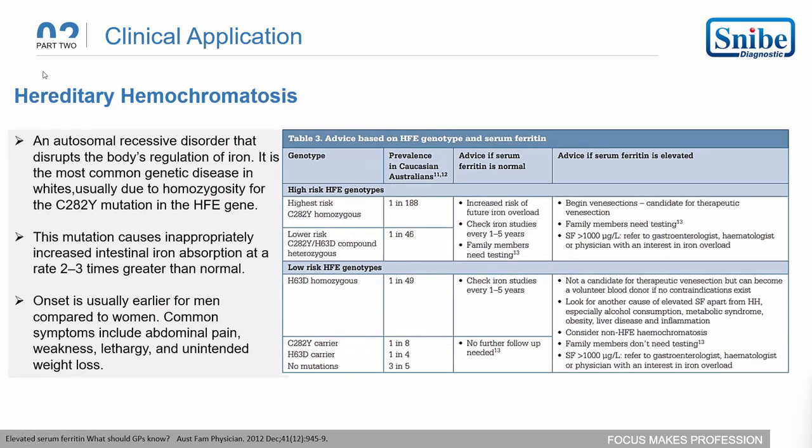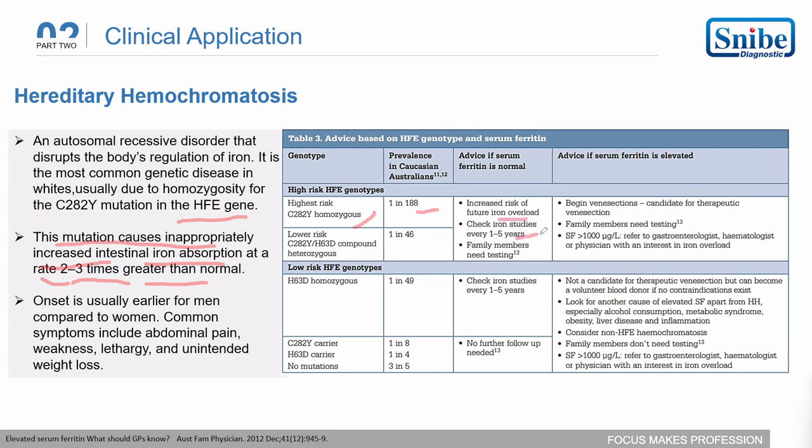This mutation can cause an inappropriate increase in intestinal iron absorption, at a rate 2 to 3 times greater than normal. The highest risk C282Y homozygous genotype prevalence is 1 in 188 in the Australian population, and they have an increased risk of iron overload.